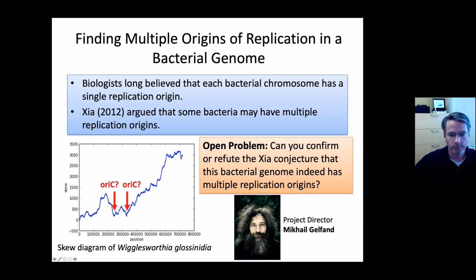So the open problem is whether you can solve this computationally, or whether it may just require wet lab experiments, right? It does happen that there's just not enough information in the sequence itself to tell you, or at least not that we can recognize. In principle, we should be able to, right?